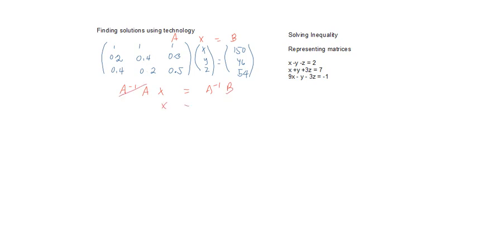This leaves you only x. So in your calculator, you can encode the same matrix: 1, 1, 0.2, 0.4, 0.3, 0.4, 0.2, 0.5, and then inverse, and then B: 150, 46, and 54. Go ahead, you may stop the video and then find the answer.